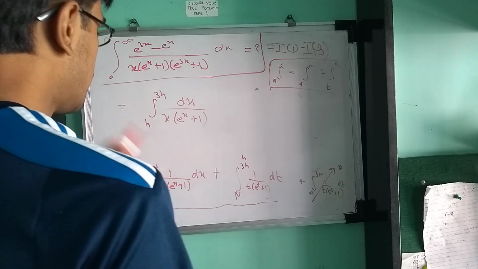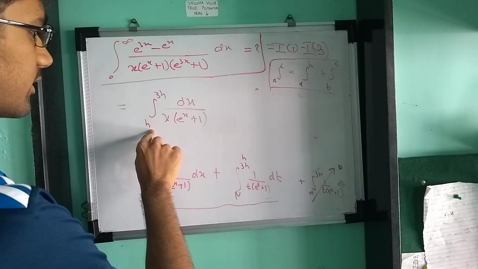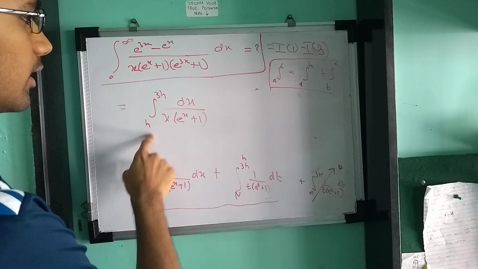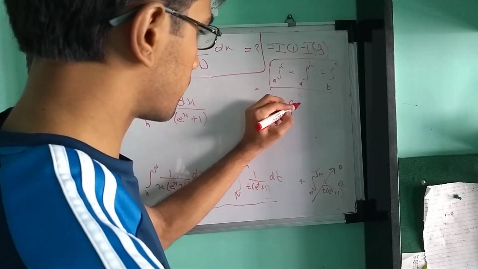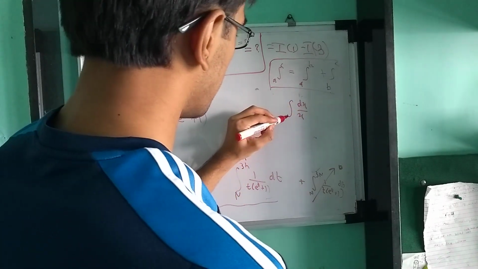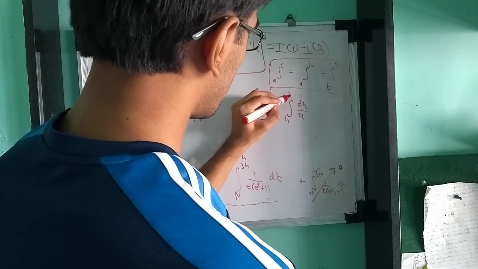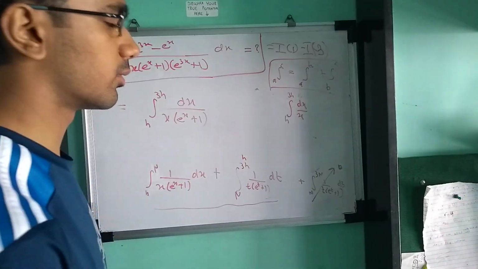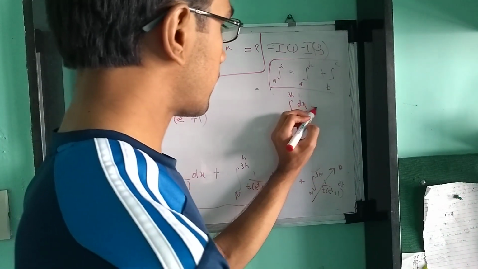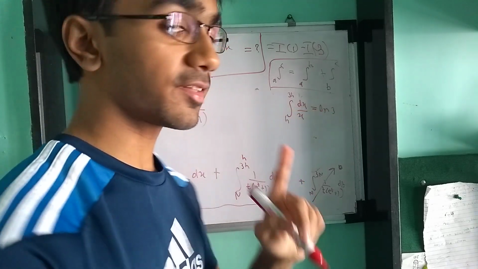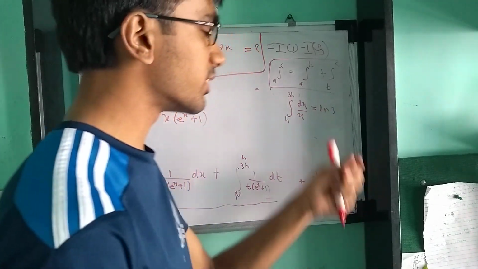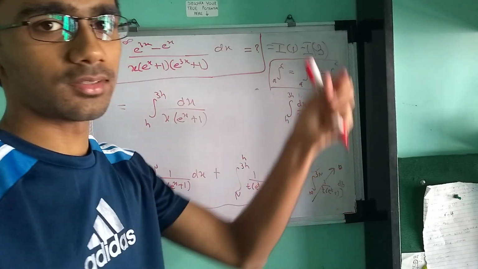The benefit of this is h tends to 0. If I ask you what is dx by x from h to 3h, where h tends to 0, you will say that is equal to ln of 3. You will not say it is equal to 0 because the interval is just so negligible.